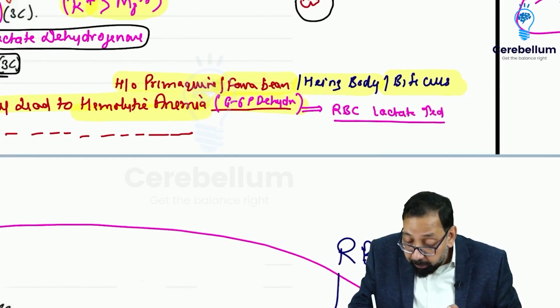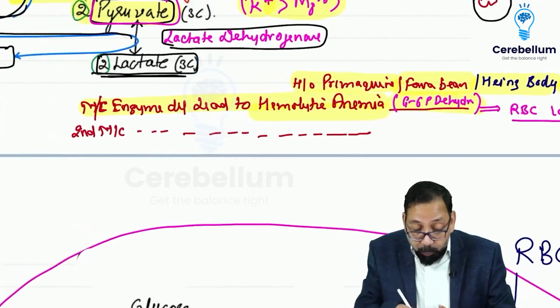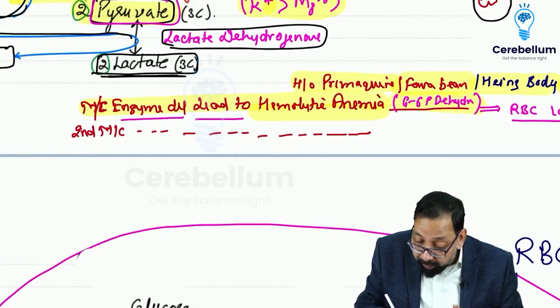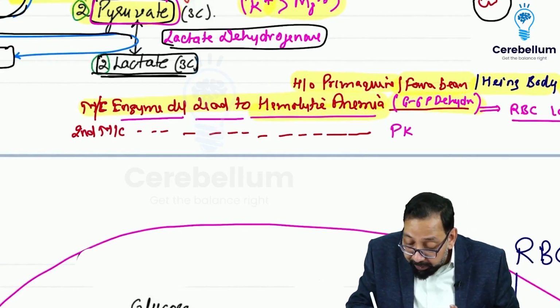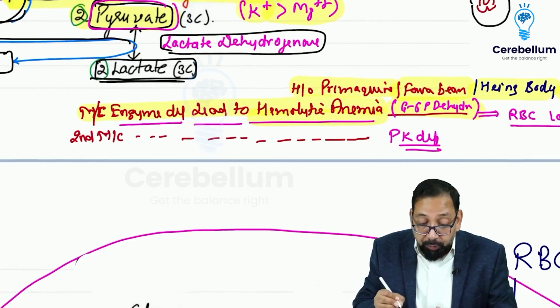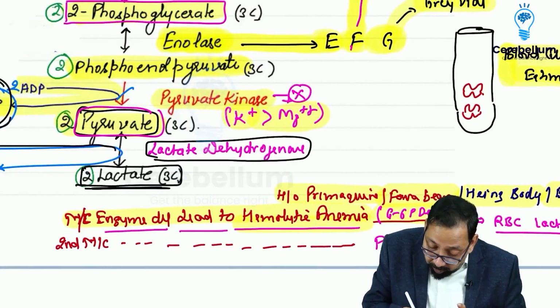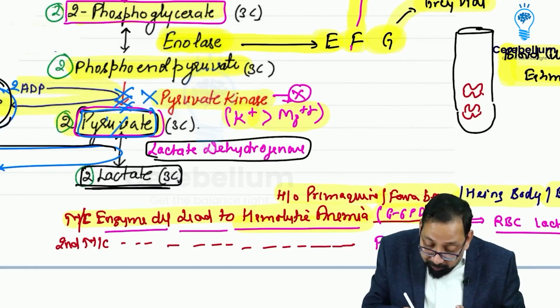This is important because the second most common enzyme deficiency leading to hemolytic anemia is pyruvate kinase deficiency. If pyruvate kinase is deficient, if this step is not occurring, then pyruvate will not be produced. When pyruvate is not produced, then lactate will not be produced.